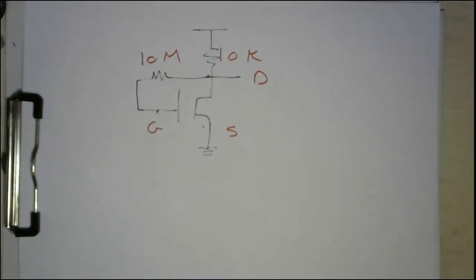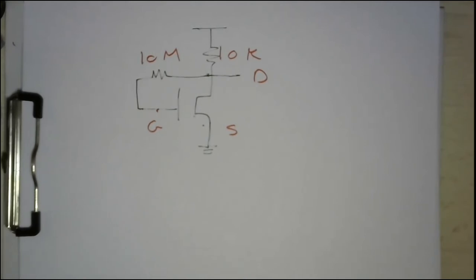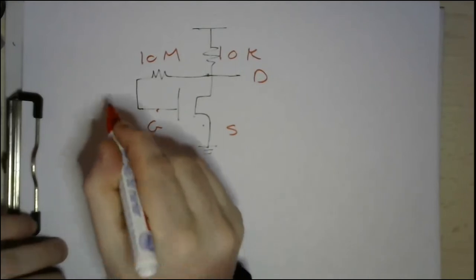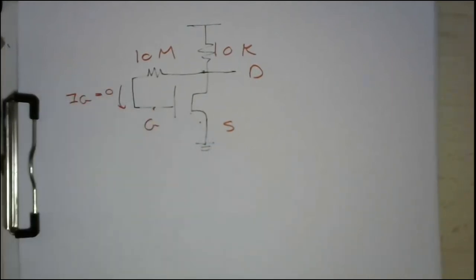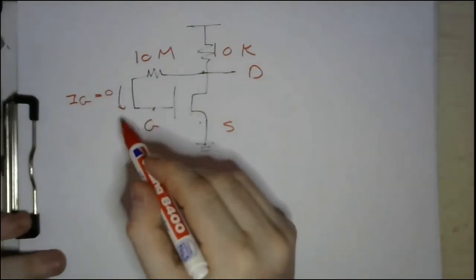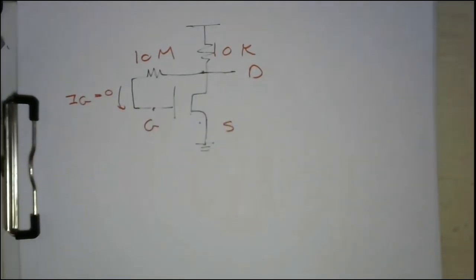If you remember, my dear students, my tips during part number 1 while dealing with the DC analysis: the current flowing into the gate is equal to 0. So this current, IG, is equal to 0. As far as you have a resistance with current equal to 0, that means that this is a short circuit.